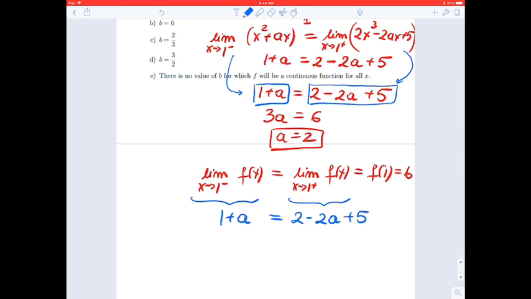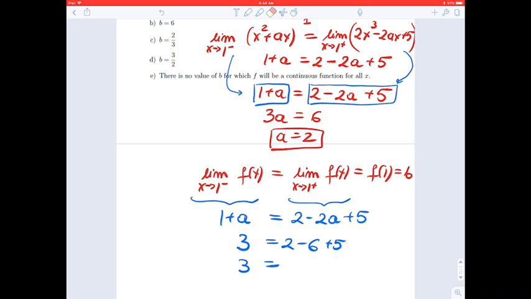And I do have the value a. 1 plus 2, it's 3. 2 minus 2 times 3 is 6 plus 5. I'm really hoping I will get 3. Am I getting 3 or am I not getting 3?